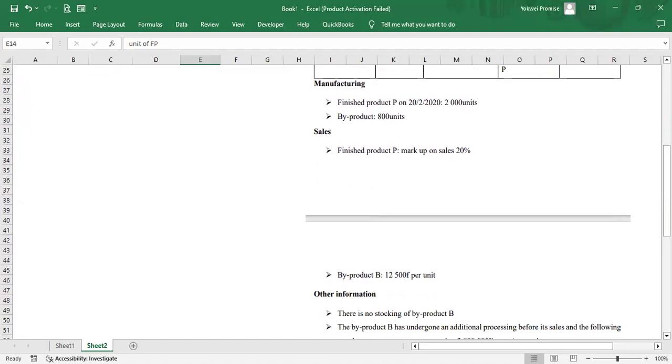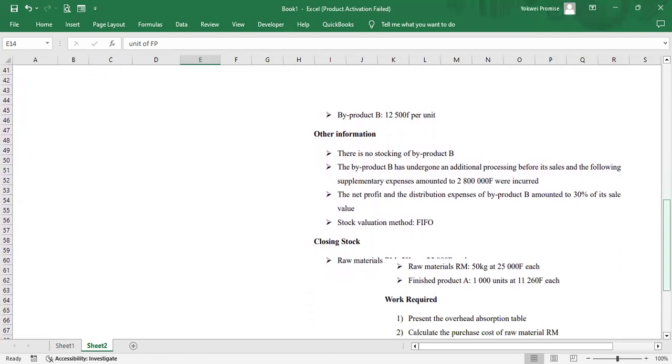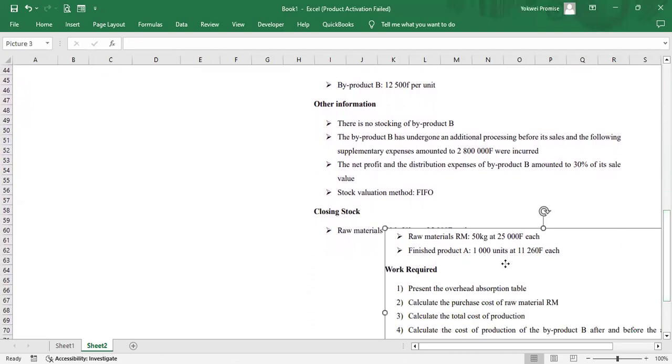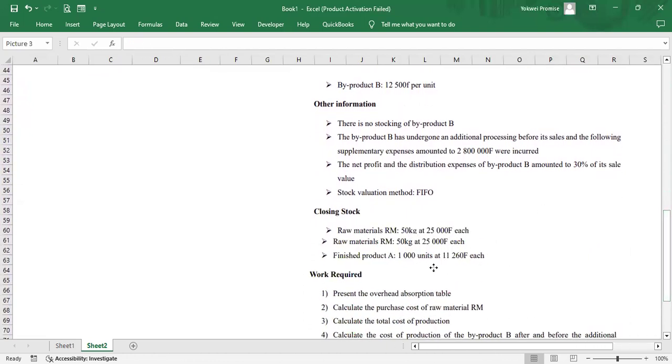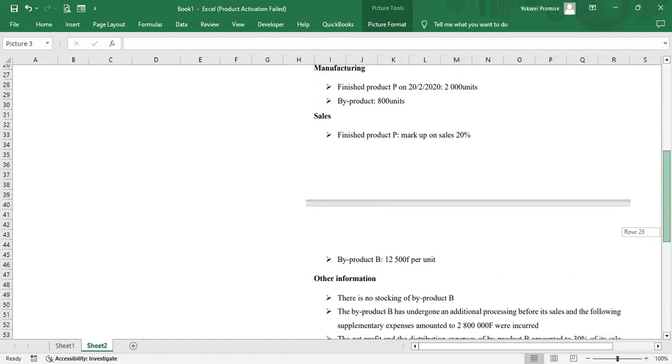They have given us the markup rate, that's why we are calculating all these things. We have something again at the end. The closing stock of the finished product A has been given to be 1,000 units, right? So we know that our initial stock plus our purchases should be equal to our final stock plus our sales.